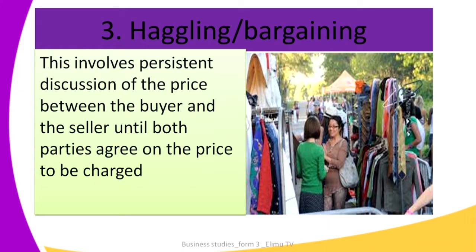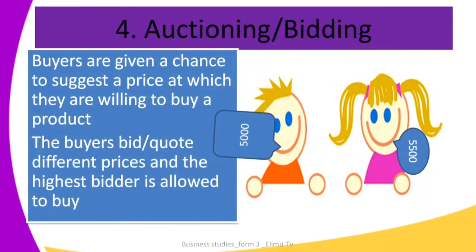The other method of determining the price of a product is auctioning, or what we call bidding. This is whereby buyers are given a chance to suggest a price at which they are willing to buy a product. This is something that we have seen, especially in churches, whereby during a market day, people bring products.